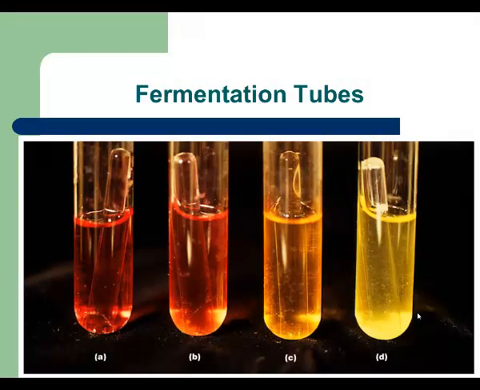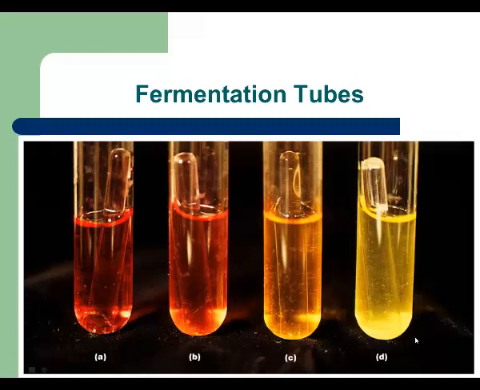So how can we use our knowledge about fermentation in our everyday microbiology life? In our microbiology labs, we use what we call fermentation tube tests to identify microorganisms from the human gastrointestinal tract.